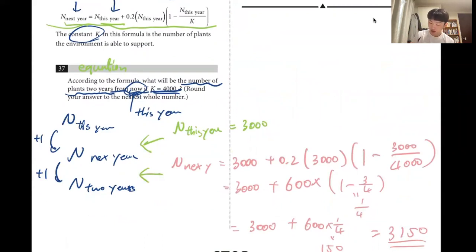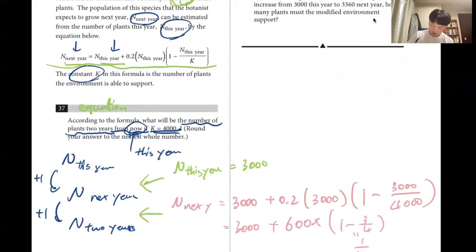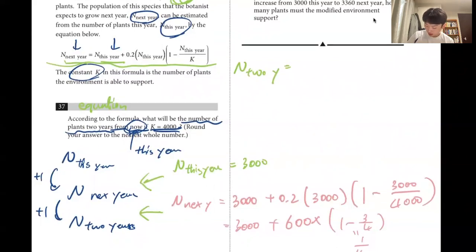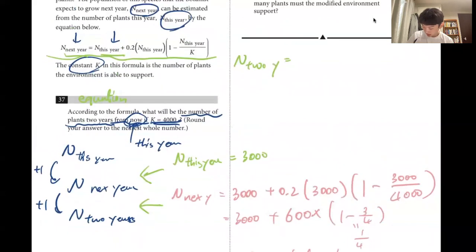So we can also get n 2 years. n 2 years is equal to n this year, which is now 3,150, plus 0.2 times 3,150, multiplied by 1 minus 3,150 divided by 4,000.